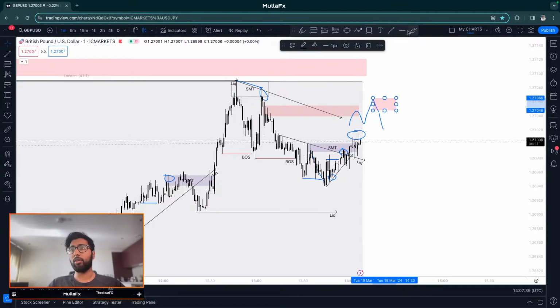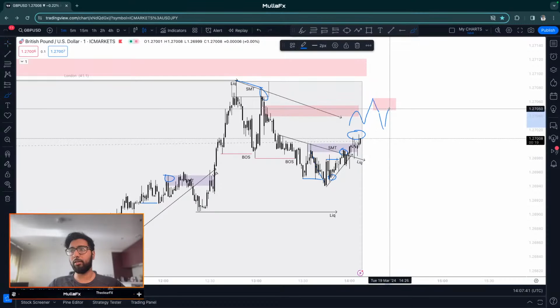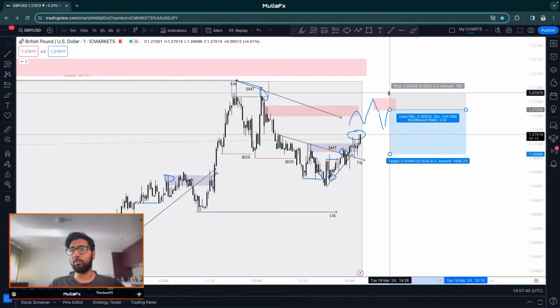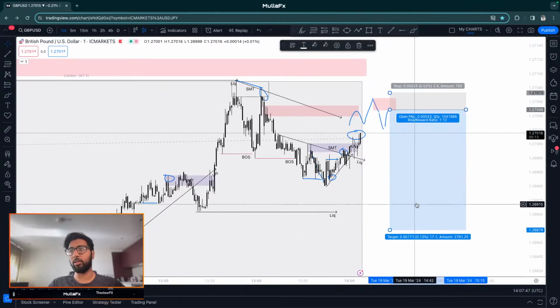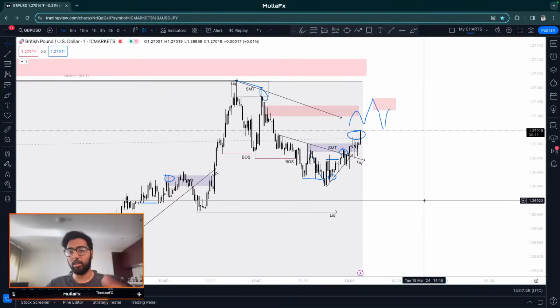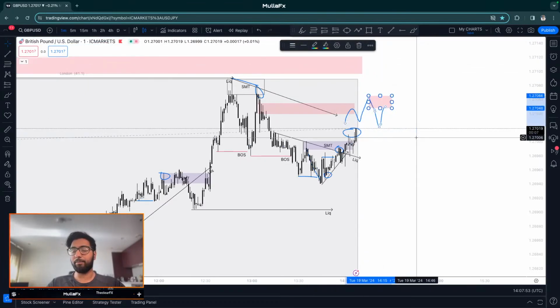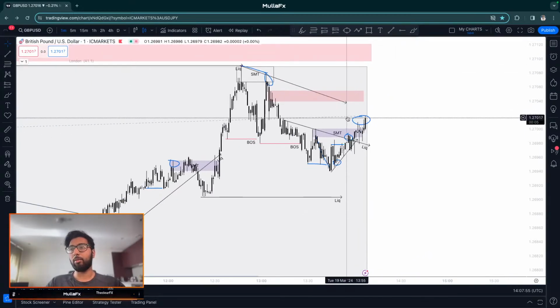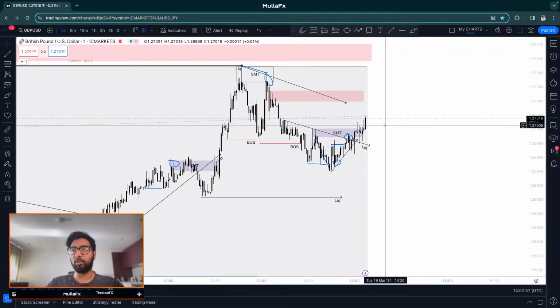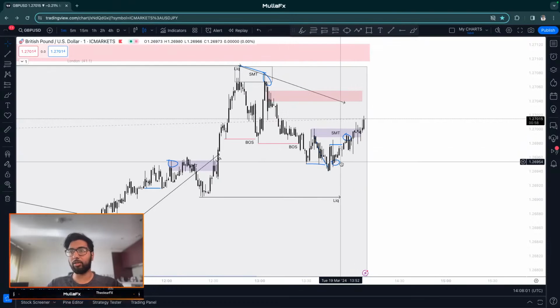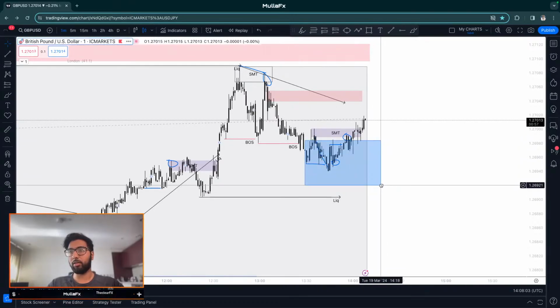Then I would come, trade over here, see price come up here, place my sell, stop loss, and then obviously target wherever I need to target. That's the kind of trade I'll be taking if price does that. So at the moment we're just waiting to see what price does in this area. I'm just going to close this liquidity, clear up my charts a bit. It's very messy over here.